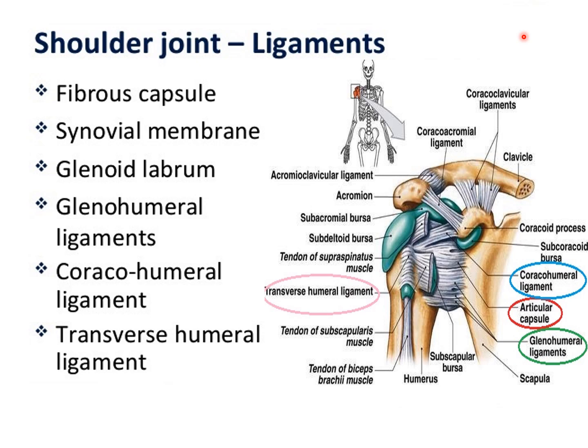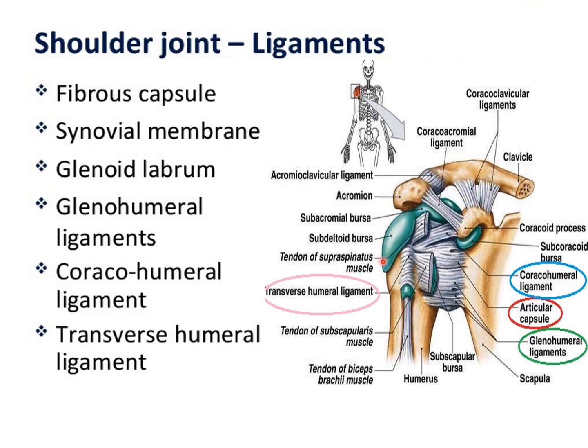Coming to the ligaments of the shoulder joint, they are the fibrous capsule, the synovial membrane which lines the fibrous capsule, the glenoid labrum, glenohumeral ligaments, coracohumeral ligament, and transverse humeral ligament.